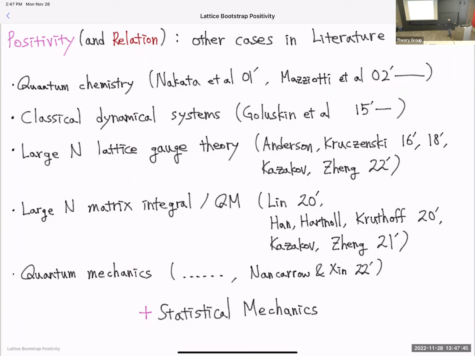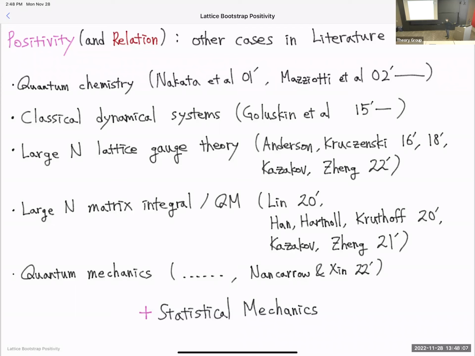As far as I'm aware, the very first approach along this line for a quantum mechanical system was actually done in quantum chemistry by these people, and I'm glad that David Mazziotti is actually here. For people who don't know him, he's faculty here at the chemistry department, and he's worked a lot on this.